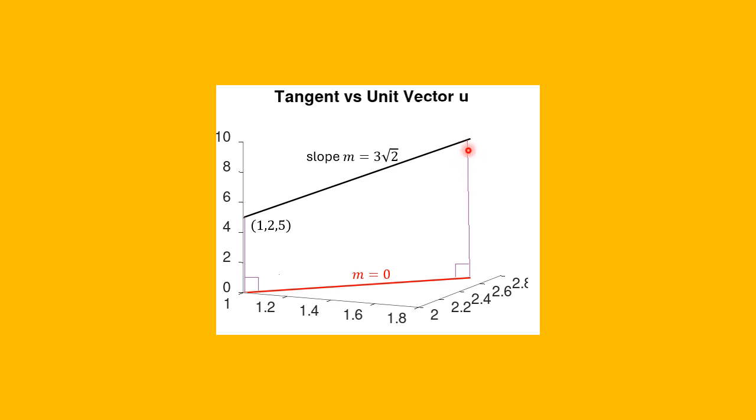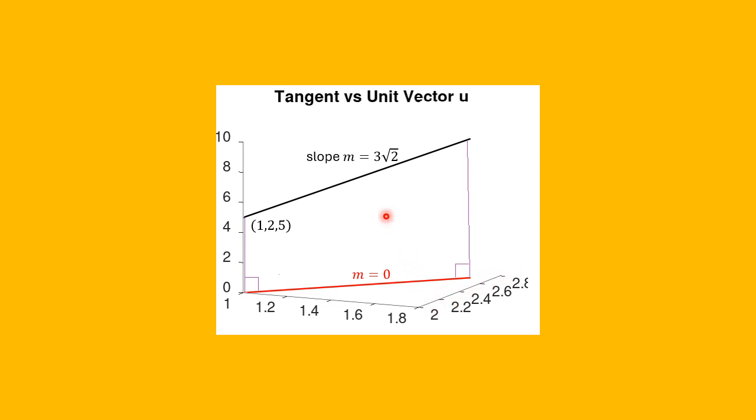It doesn't look like this is really 3 square root of 2 until you notice that the units on these three axes are not the same. This one goes from 0 to 10 for the z-axis, 1 to 1.8, maybe 2 here, for the x-axis, and 2 up to at least 2.8 in this y-axis.